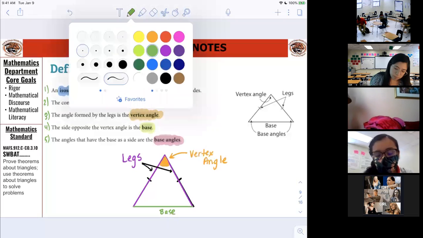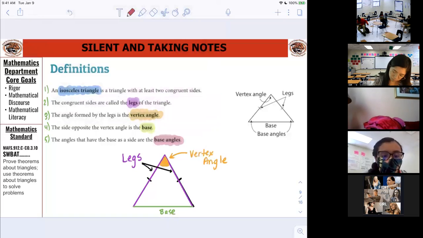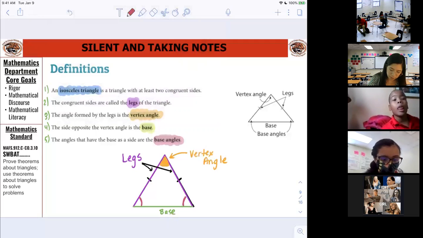Wait, miss, I'm kind of confused with the legs. Like, the legs are the bottom. How come it's the top? The legs are the two sides that are congruent to each other. Think about it like legs, like a person.